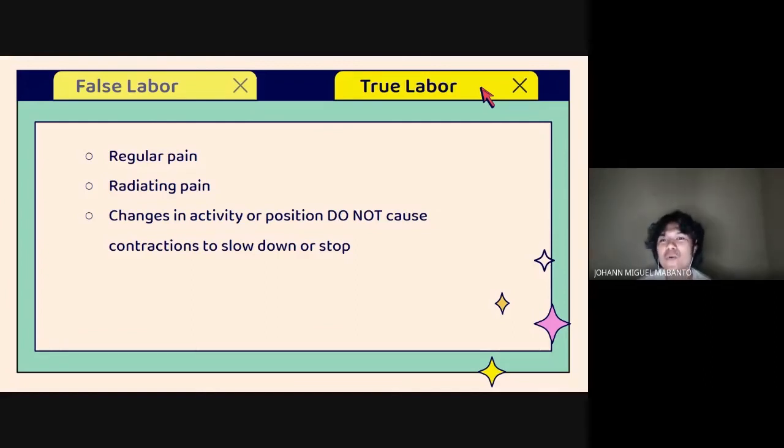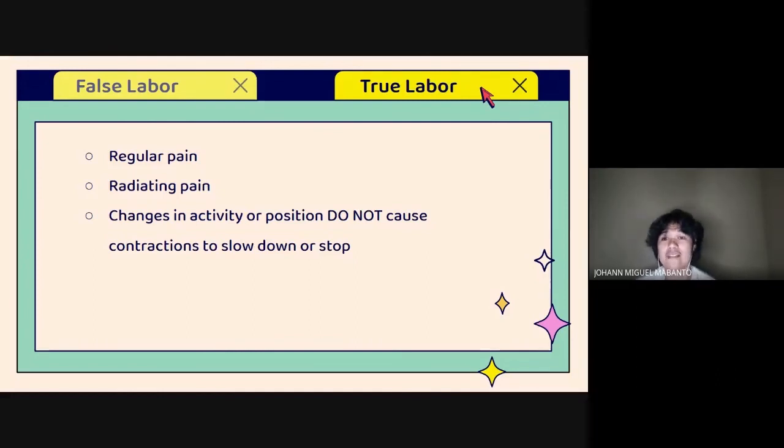So kung si mami po ay nakakaranas ng sakit o hilab, at pag si mami ay ating pinalakad at hindi nawala o nabawasan ng paghihilab, masasabi po natin na true labor po ito. Bale, ito ho ang pinagkaiba ng false labor sa true labor.